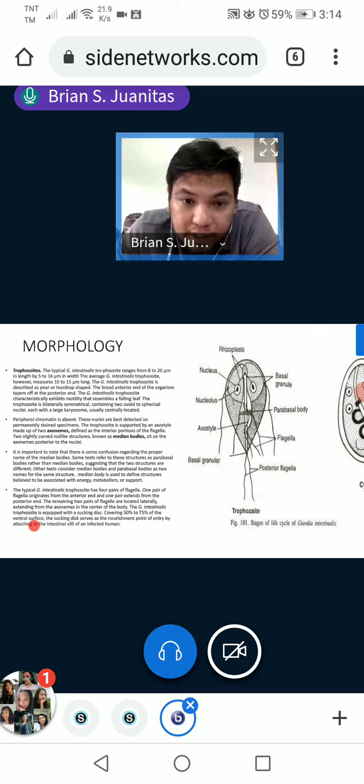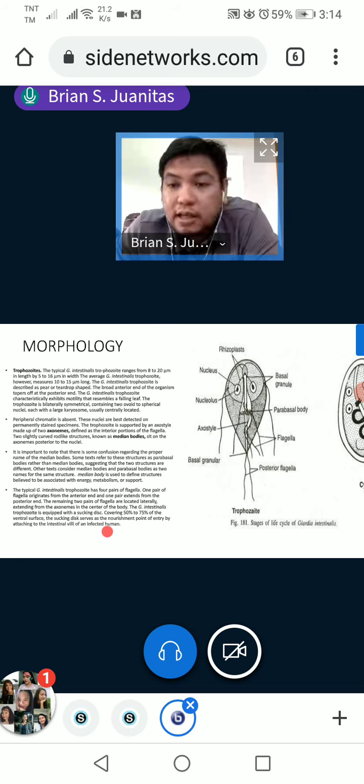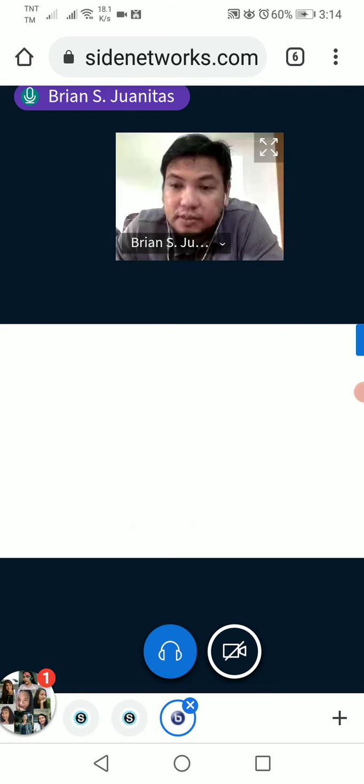It serves as a nourishment point of entry by attaching to the intestinal villi of the infected human. Okay, siya yung ginagamit ni Giardia intestinalis trophozoite para kumain or kumuha ng nutrients from the intestine or the duodenum. Okay, siya yung magsasak ng nutrients out of its human host. Kaya nga siya sucking disc. Okay?